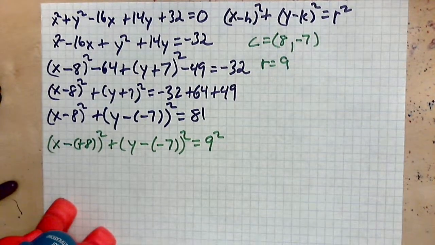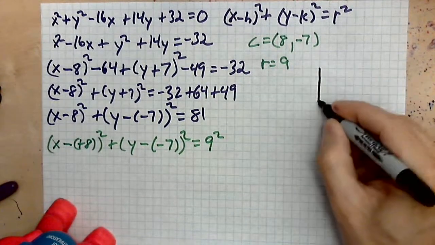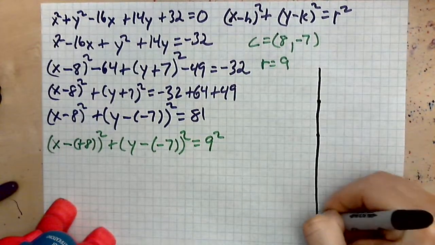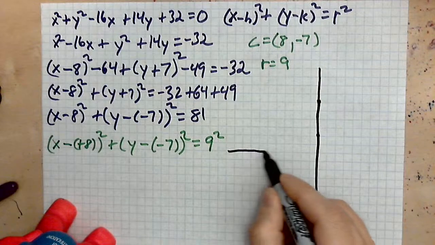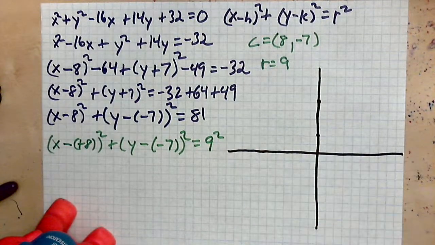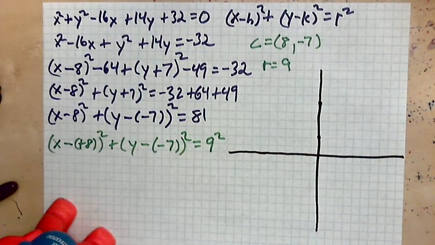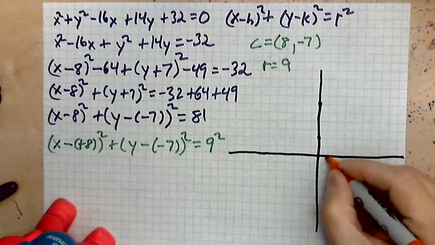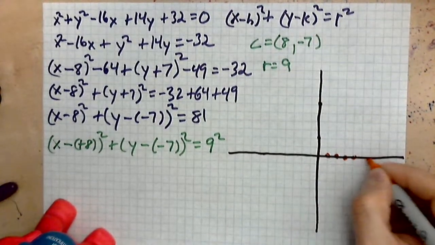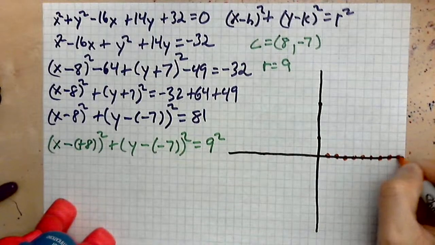So construct an xy coordinate grid. This is the y-axis. What I'm drawing now is the x-axis. Mark points along the axis evenly spaced so it looks good. 2, 3, 4, 5, 6, 7, 8, 9.